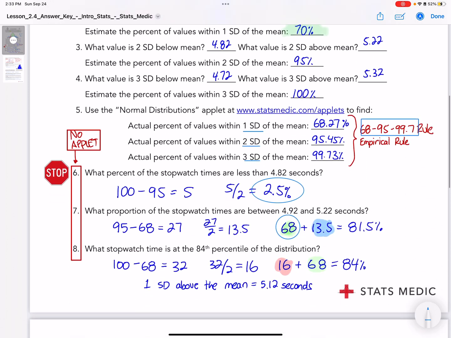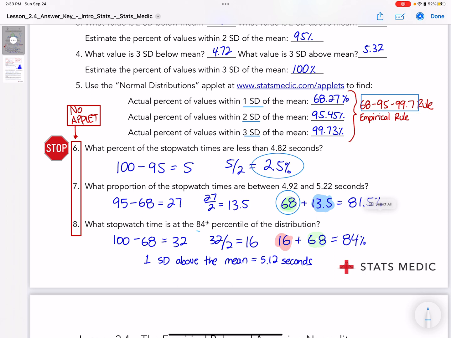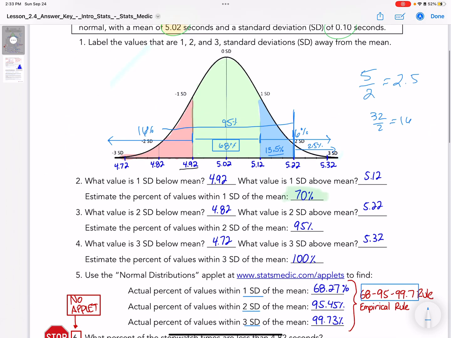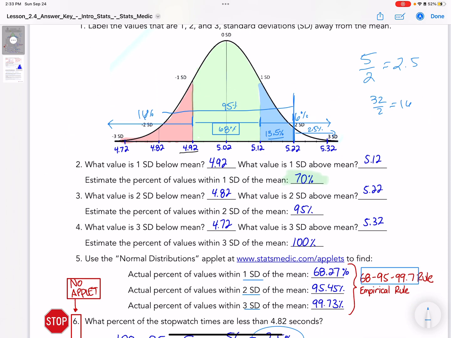All right, the next one asked me what stopwatch time is the 84th percentile. So what I want to do is basically find where 84% comes into play. We already know some of the stuff, so we're just going to tack it up. We know from here to here is 2.5%. We even know here to here is 16%, right?